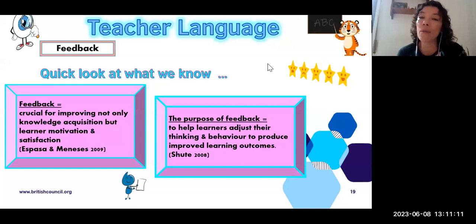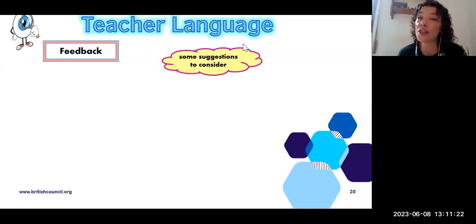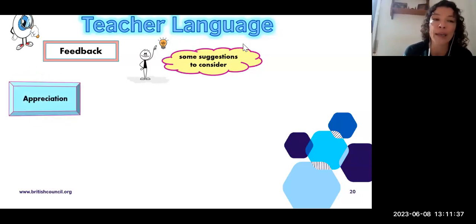But practically then, what could that look like? Let's have a look. So practically, here are some suggestions to consider. And somebody already mentioned one aspect of it. I try to use this not only in written tasks, although I do use it there as well, but also in speaking activities or whole class feedback, where there is an initial phase where you have an appreciation.